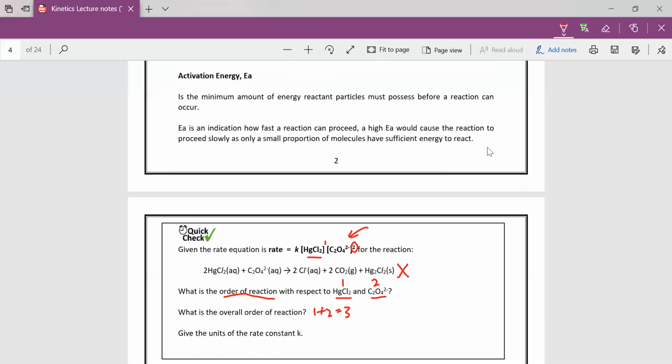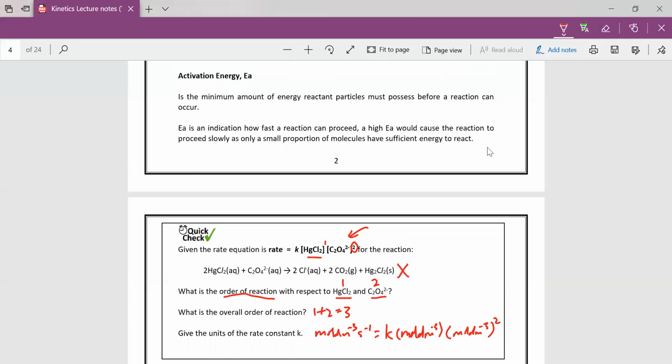Okay, so the unit of the rate constant depends on the unit for each of the concentrations. So if we plug in the figures, rate is mole per dm cube per second. This is our k. And concentration, we again have mole per dm cube. For the ethanedioate, it is also mole per dm cube, but it is squared.